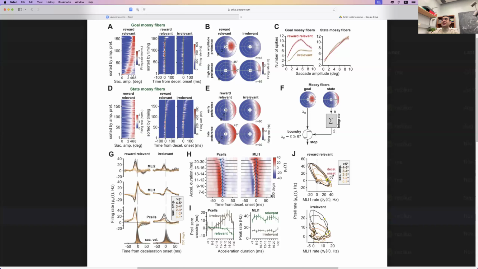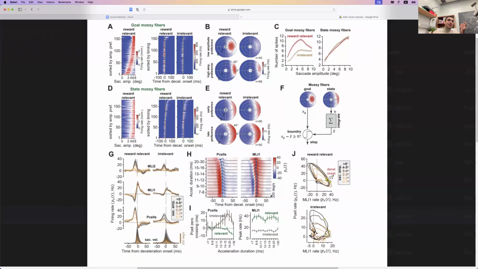What we see in these Mossy fibers is that they are mainly motor. Very few of them are visual motor. Maybe one or two out of the 1,000 that we have is visual only. So it's a selection of the cells, it's pruned. It is not a representative, unbiased sample of the colliculus.